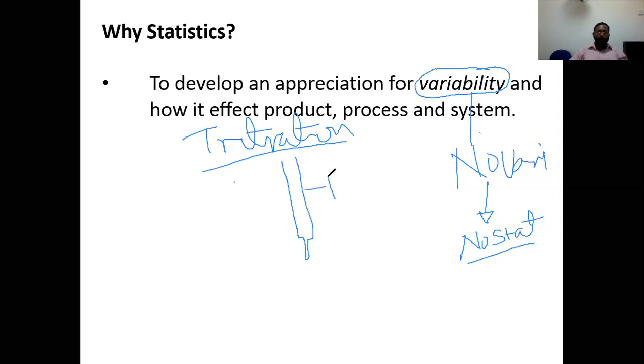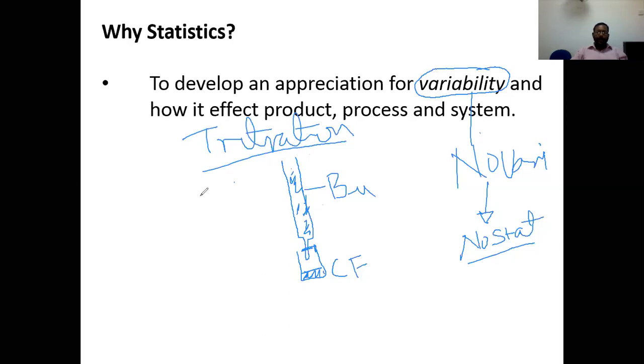This is a burette, right? So you have a conical flask, I will put it as CF. Here you have a control valve. Now I have the same solution here. Now I am doing a titration. Can you all hear me? Yes, sir. All right.